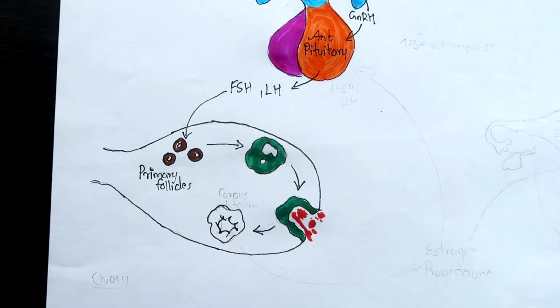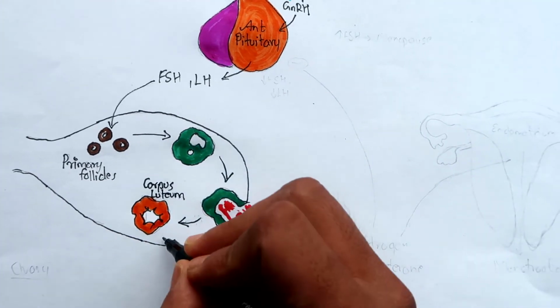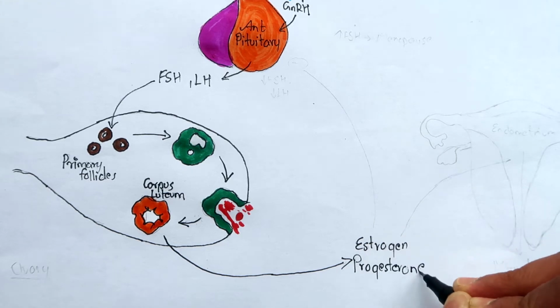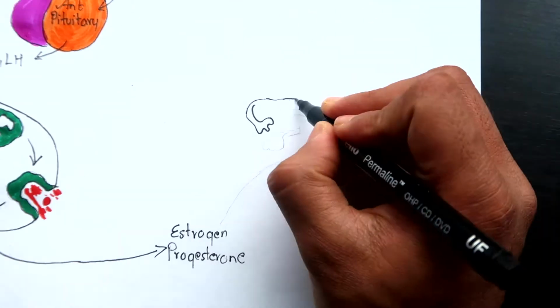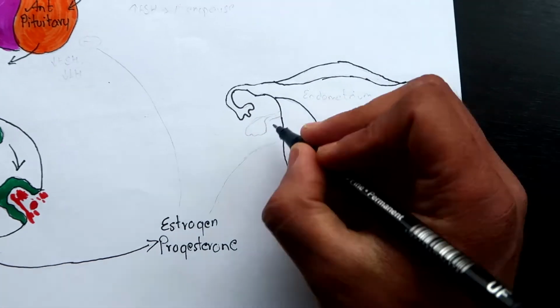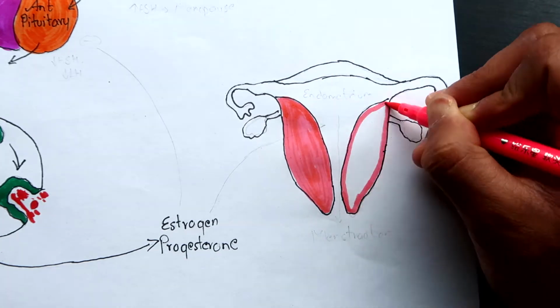The remnant of the Graafian follicle forms the corpus luteum. The corpus luteum produces estrogen and progesterone. These hormones prepare the endometrium of the uterus for zygote implantation if there had been any fertilization.